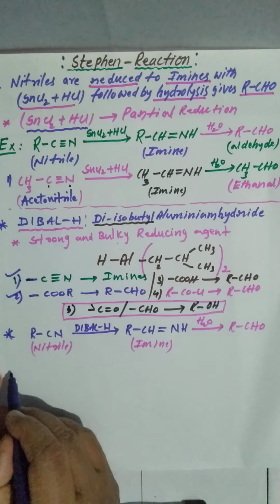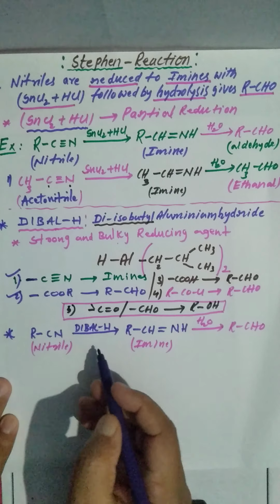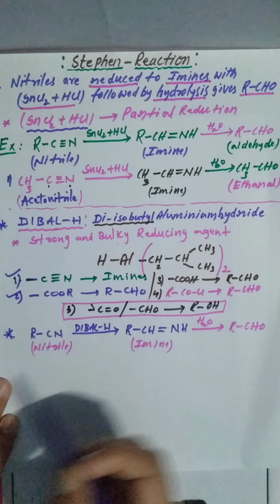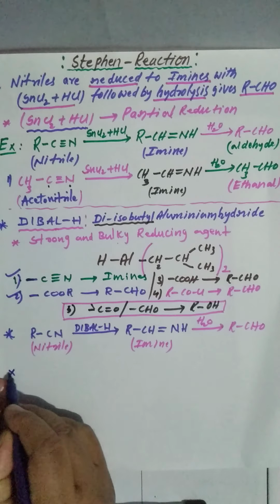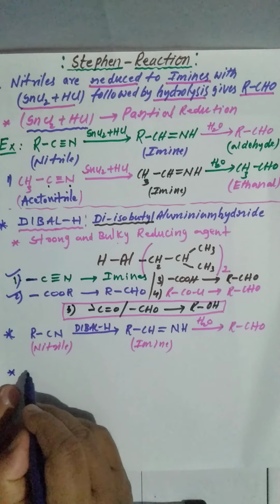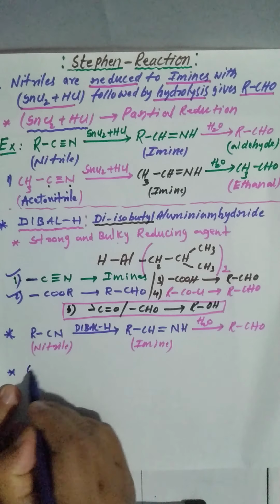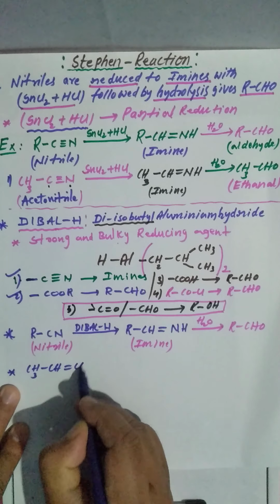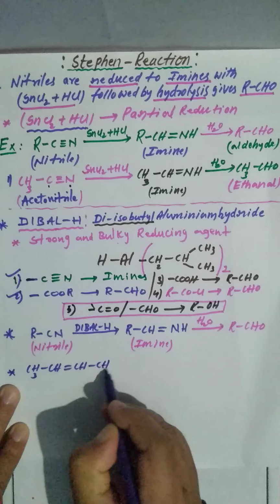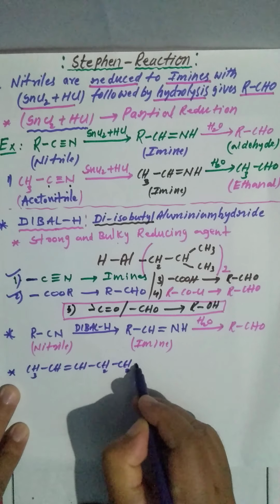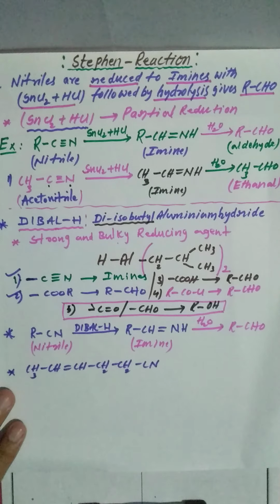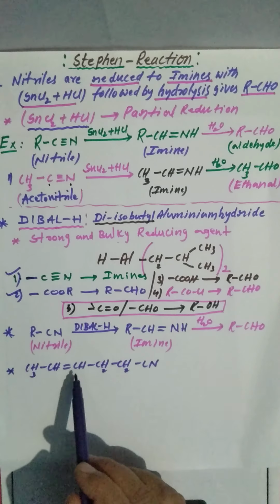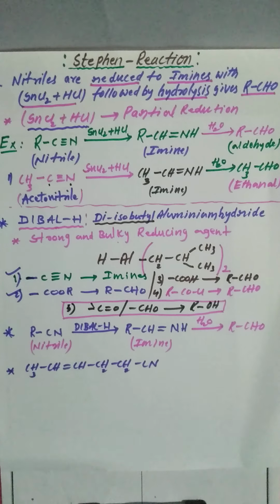You can take any example. I told you already, it is the same. So the reagent we changed. And here you can take one example like this, which is given in your textbook: CH3CH double bond CH, CH2, CH2, CN. This is given in your textbook. 1, 2, 3, 4, 5, 6, hex.